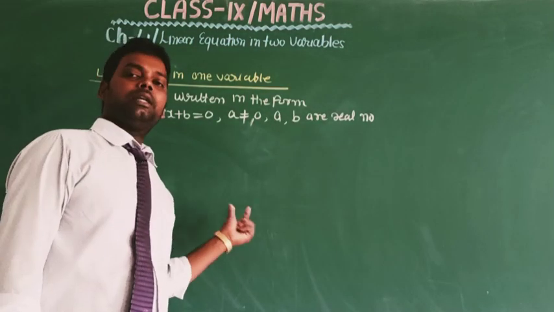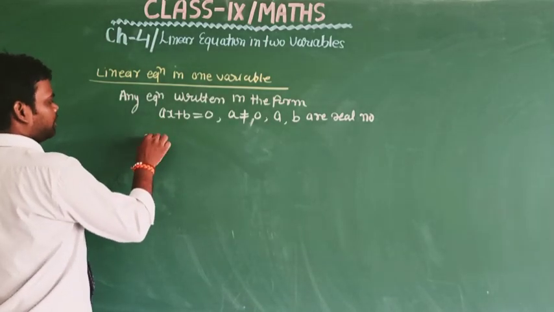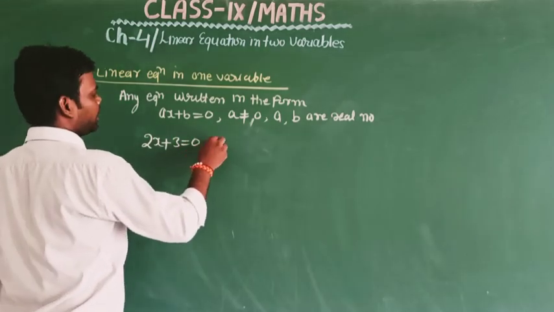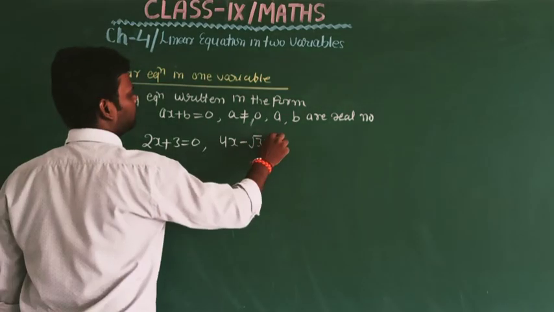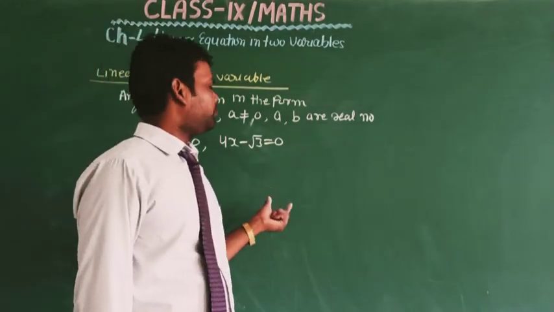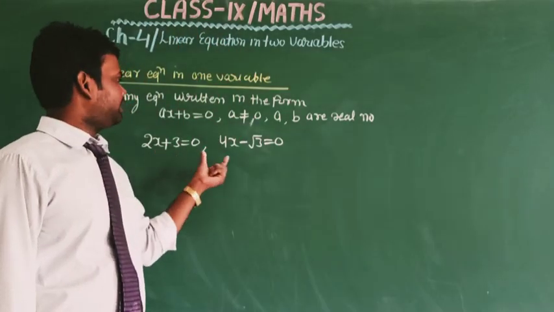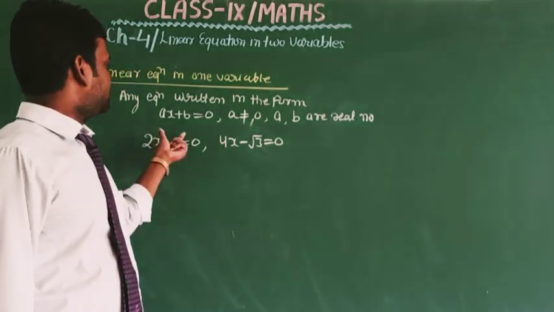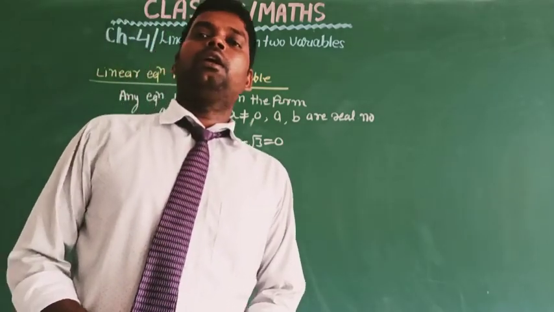For example, 2x plus 3 equal to 0 and 4x minus root 3 equal to 0 are examples of linear equations in one variable.